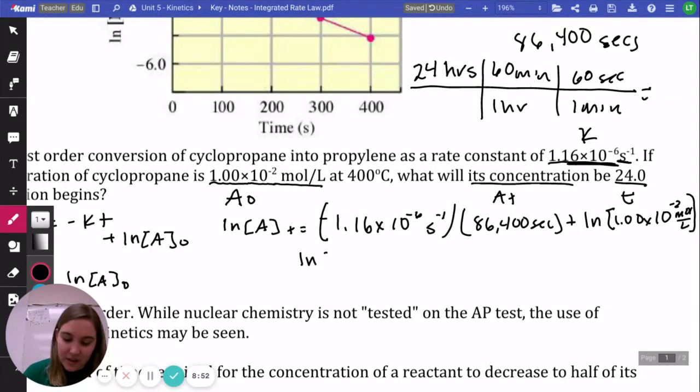So natural log of our final concentration is going to be equal to, we'll just start plugging it in. 1.16 times 10 to the negative 6 times 86,400 seconds plus the natural log of 1 times 10 to the negative 2.